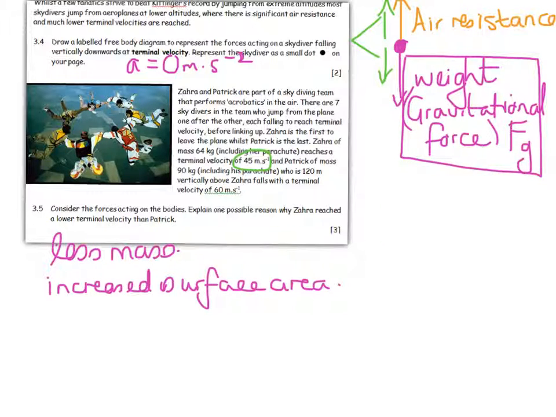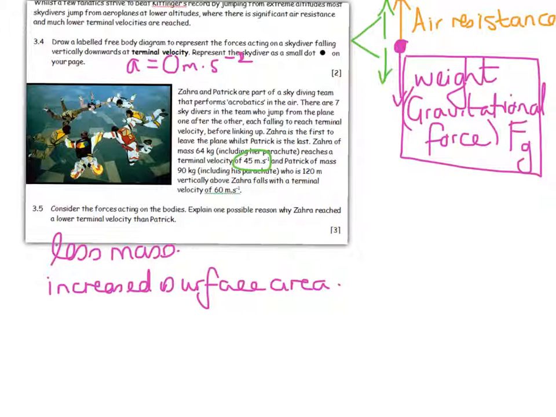Now, what's important in this question is that you took the time to explain a reason. Explain. So you need to unpack it. I'm going to go through them again. She's got less mass, therefore there is less weight, therefore less time is required to reach terminal velocity, and the terminal velocity is therefore lower.